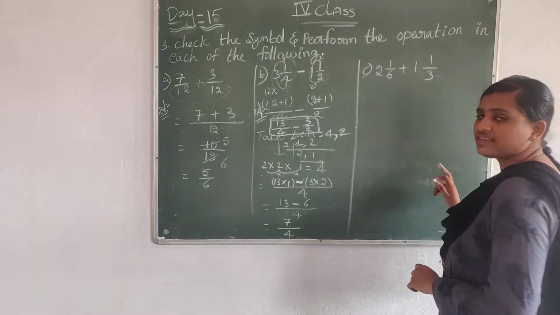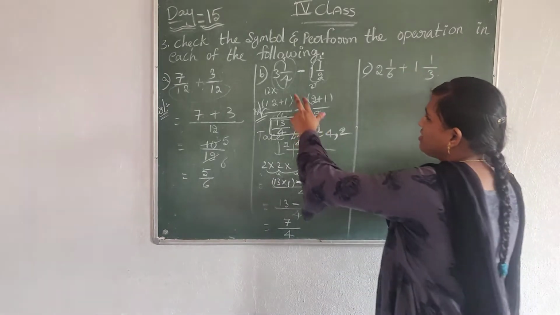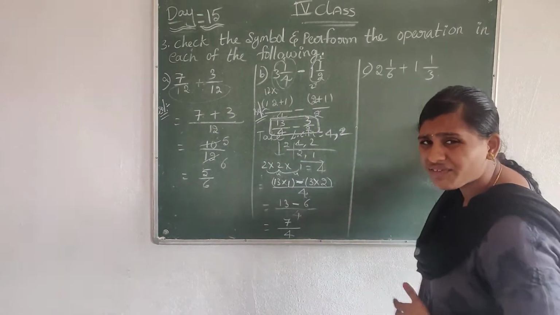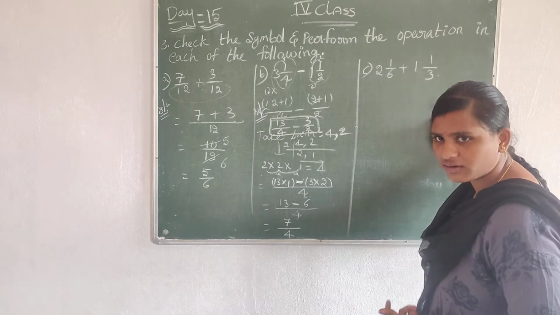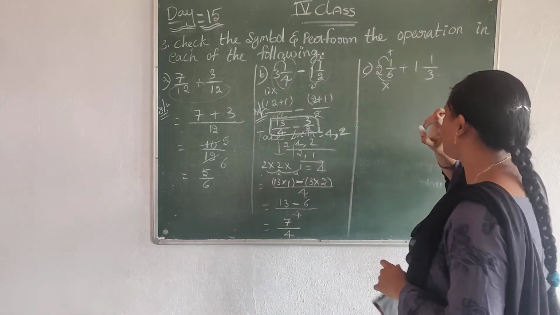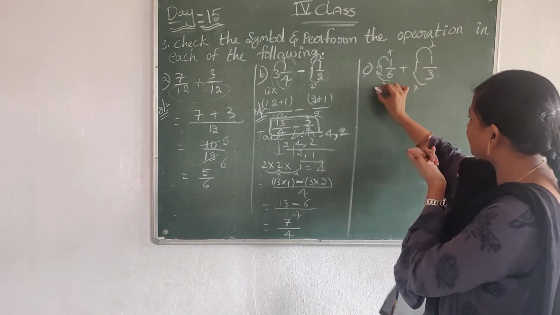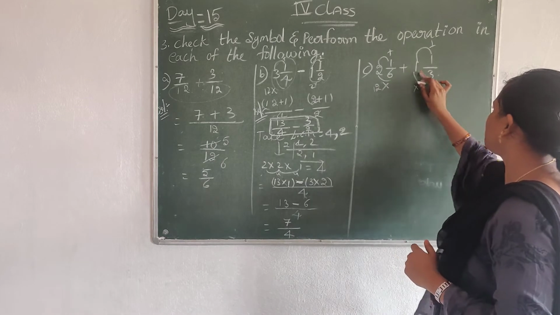Okay, let's see this sum. 2 1 by 6 plus 1 1 by 3. This type of fraction, what is the fraction? Mixed fraction, right? So multiply these two numbers plus 1. Again multiply these two numbers plus 1. 6 2s is 12 plus 1. 3 1s is 3.